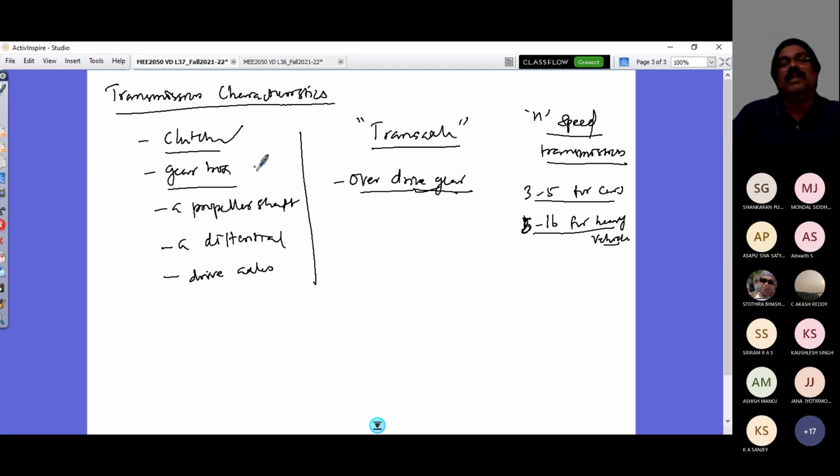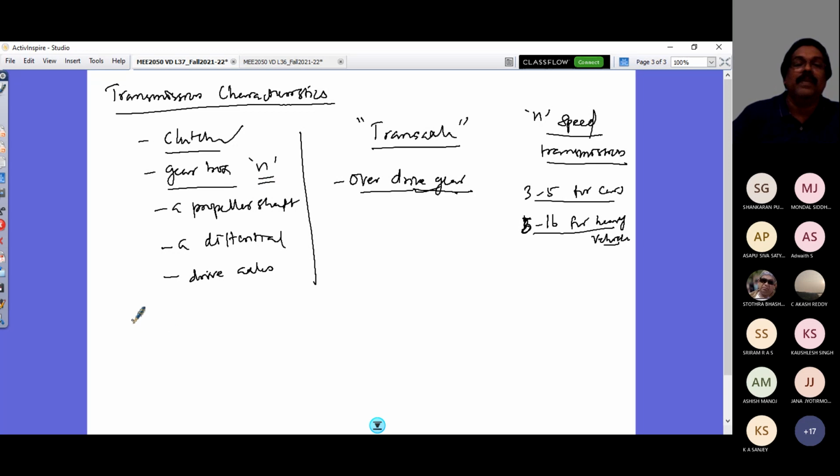And the gearbox, these n speeds, how are they achieved? That generally follows something called a geometric progression for the intermediate gear speeds. But for the lowest gear and for the highest gear, the requirement is decided based on the requirement of your vehicle.